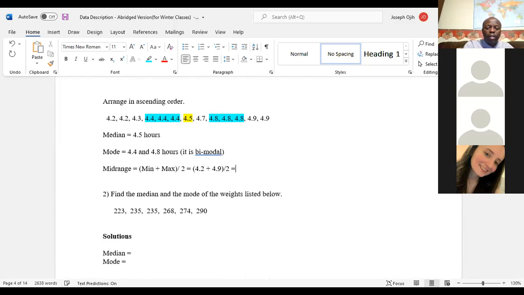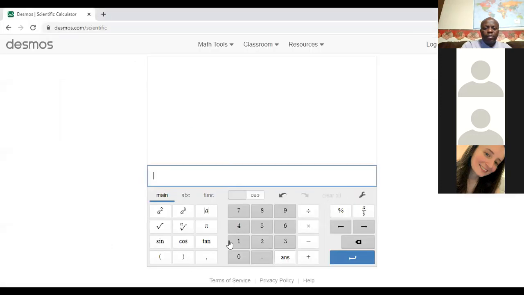So I'm going to get it from the calculator. Okay, we'll have 4.2 plus 4.9 divided by 2. 4.55 hours.